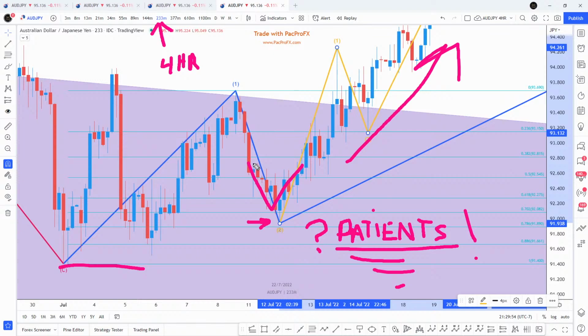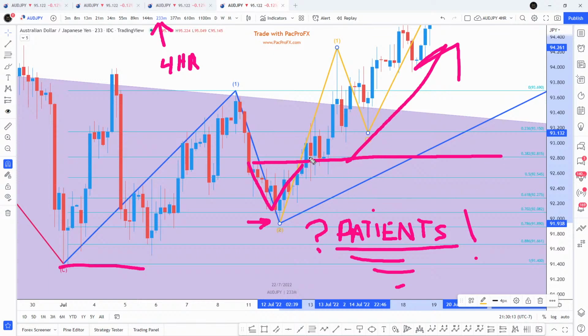If you see all these wicks in this V shape, the highest wick coming out of here before this long candle down is your indication of where you're going to draw a line.